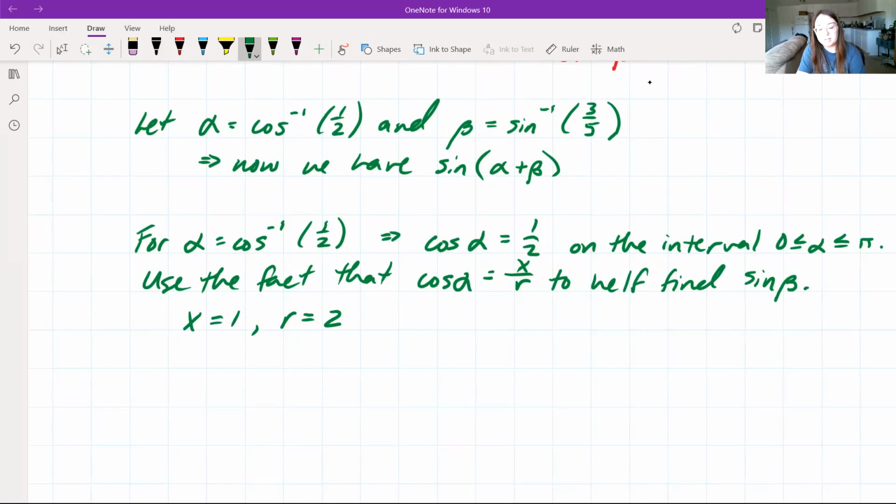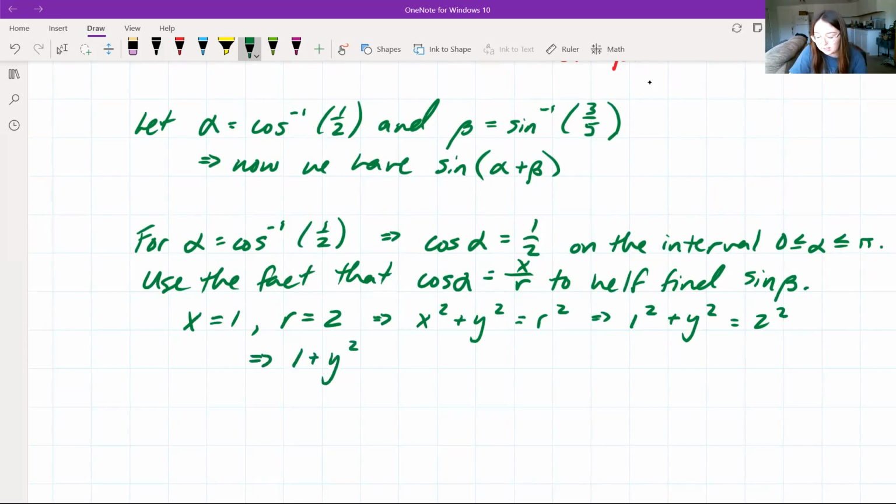Now we want to use the equation of a circle to get x squared plus y squared is equal to r squared, where we see 1 squared plus y squared is equal to 2 squared, which, simplifying further, is going to be 1 plus y squared is equal to 4.